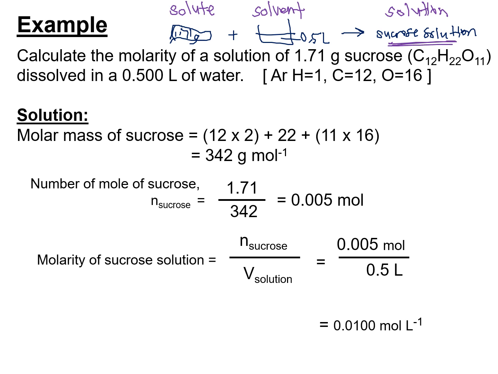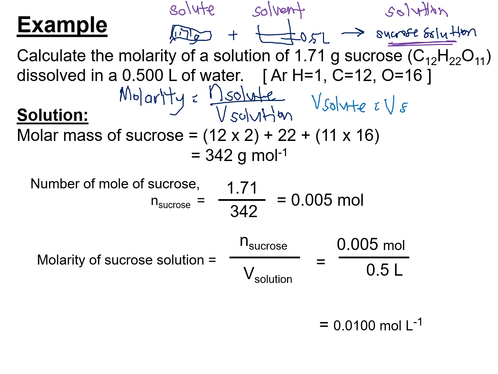Untuk cari molarity, you kena keluarkan formula molarity. Molarity is equals to number of moles of solute divided by volume of solution. Sekarang ni, kita just assume saja volume of solute is equals to volume of solution, ya.